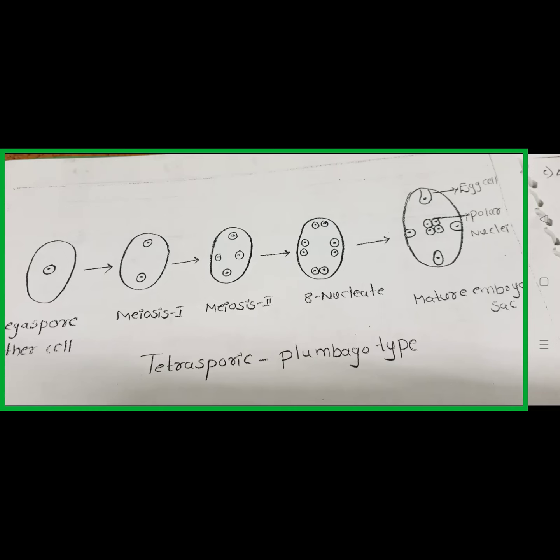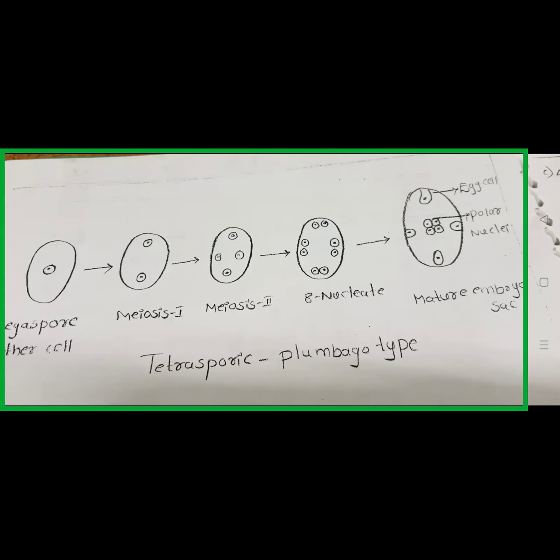See here, in Adoxa it is 2+2, but in Plumbago type it is a 1+1+1+1 arrangement. After meiosis 2, we observe that 4 haploid functional spores are developed. The arrangement is 1+1+1+1, arranged in a crosswise manner.